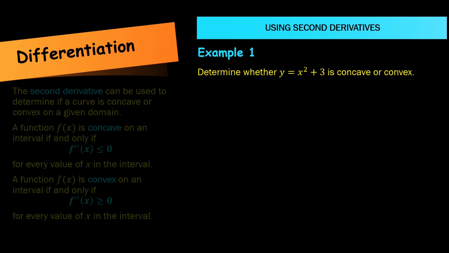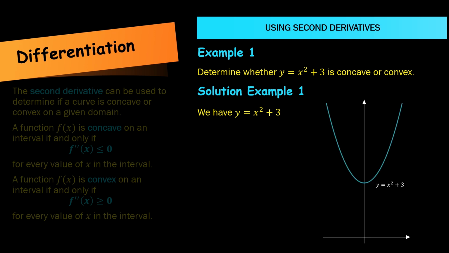In this example, we are required to determine whether y equals x squared plus 3 is concave or convex. So let's solve this. We have y equals x squared plus 3, and this looks something like the diagram you can see on your screen.